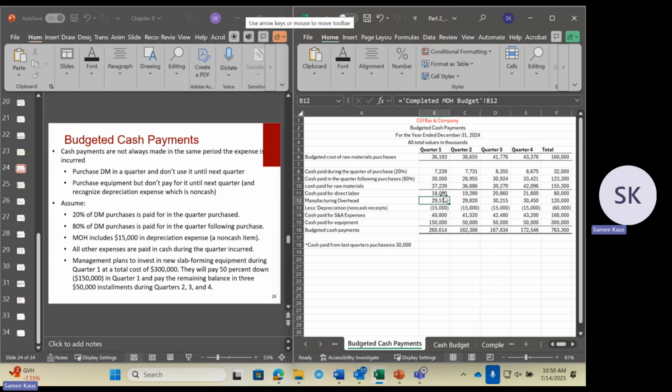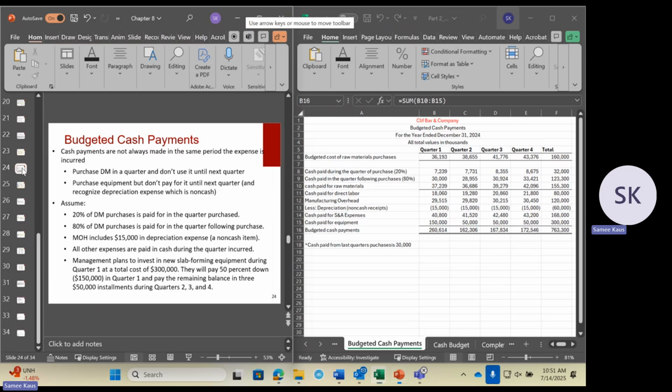Say I pulled through the wrong value right here, and instead of 18,000, I fat fingered it because I hard coded things and only pulled in 1,800. Well, that really messes up my total budgeted cash payments, because I would be budgeting for paying $244, but if I was correct here, I should be paying $260. So you have to be cognizant, when you're building out these budgets, of just how interconnected they are.